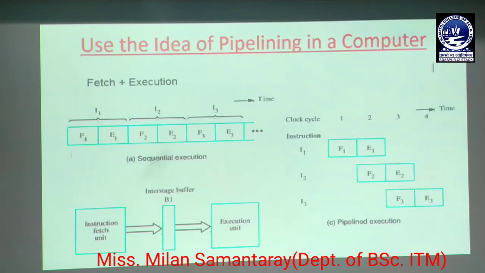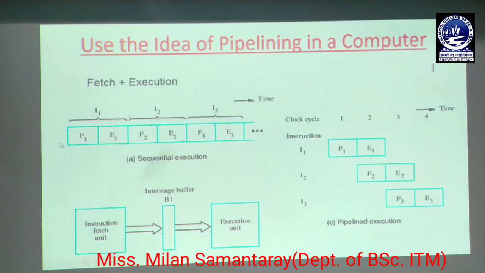Then here is the implementation. Here are our 3 instructions I1, I2 and I3, and we are using 2 phases, fetch and execution. If we follow sequential execution, then after completion of one instruction, the processor will fetch another instruction and then execute it.